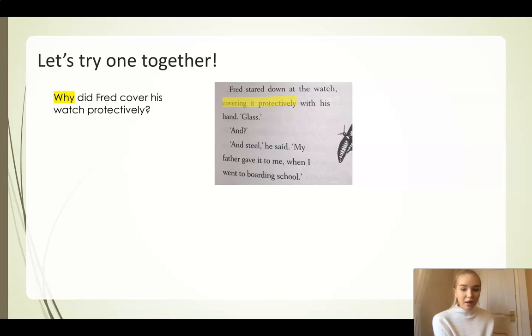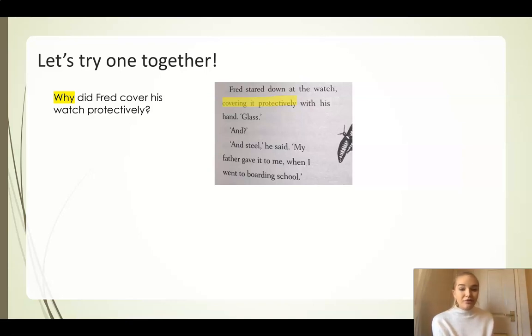So you don't go back home at the end of each day. You go back to one of your rooms inside the school. And this suggests to me that even when Fred was younger, his father was too busy to look after him. So all of this is giving me the opinion that Fred wanted to cover his watch protectively because his dad bought it for him. He didn't spend much time with his dad. It was very, very important to him.